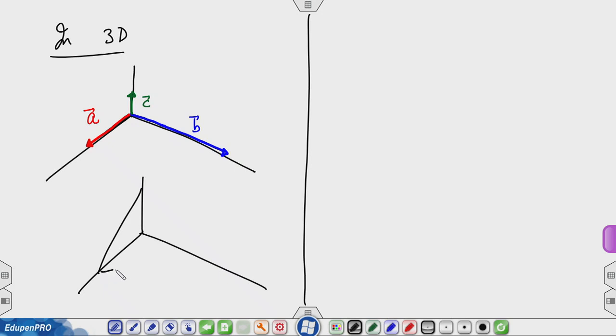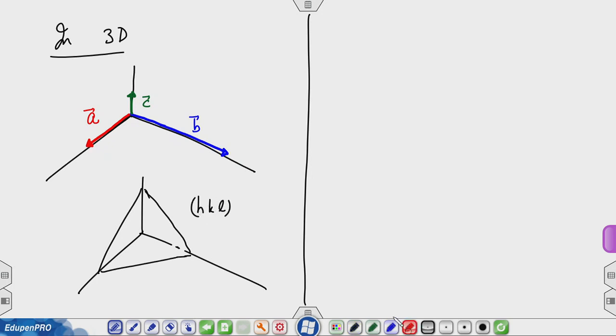So, this is the plane I am talking about. Let us say this is HKL plane, let me make it neater.